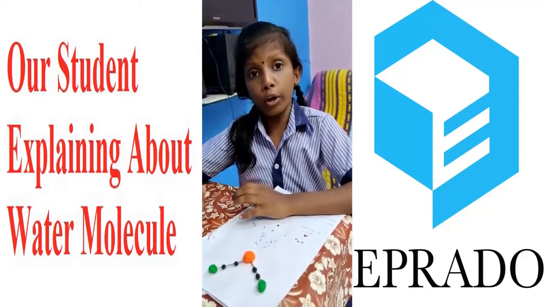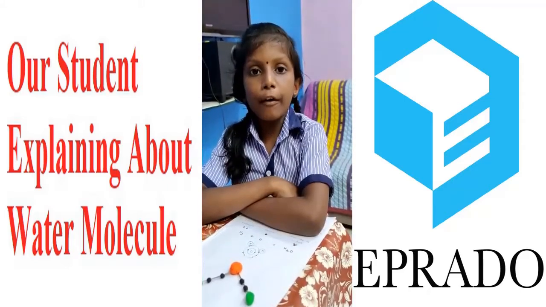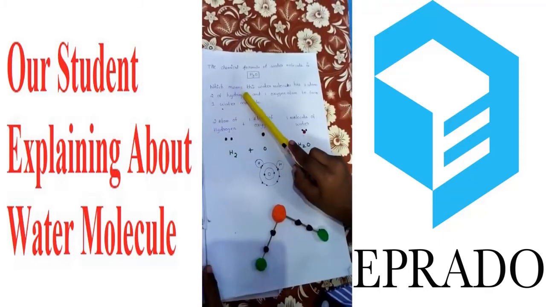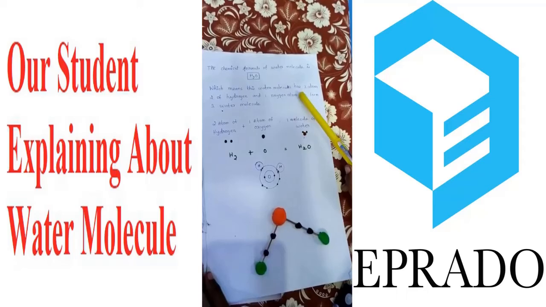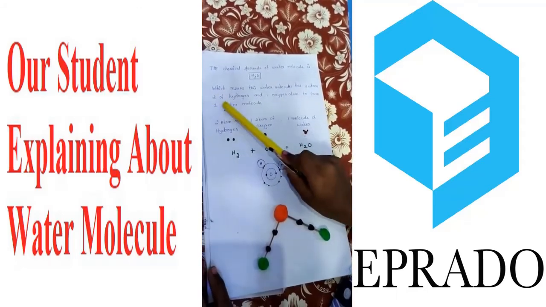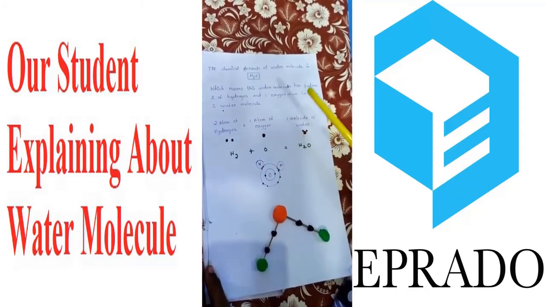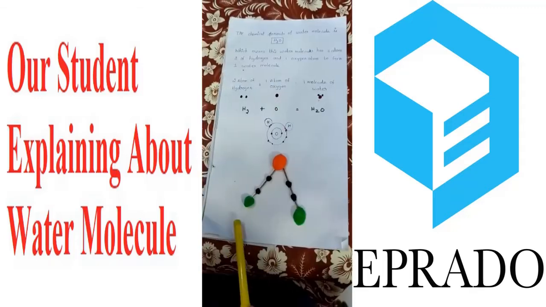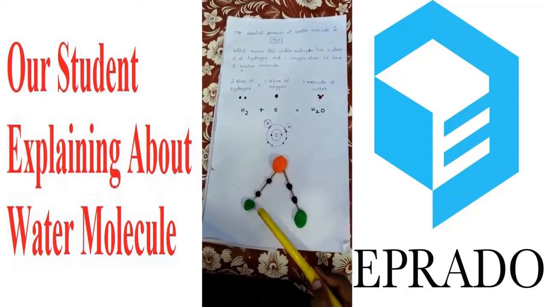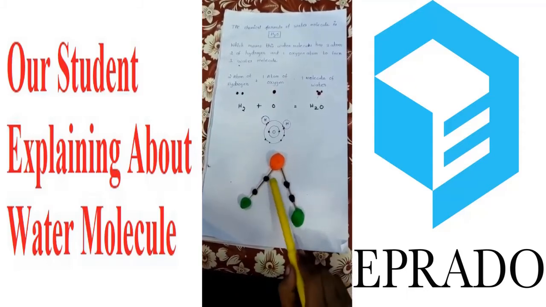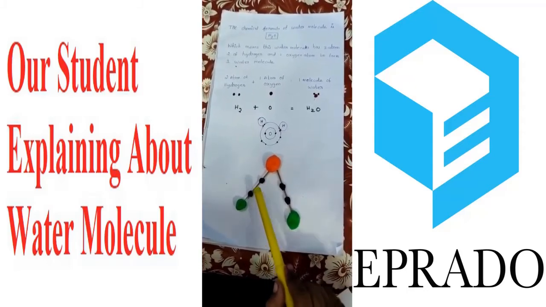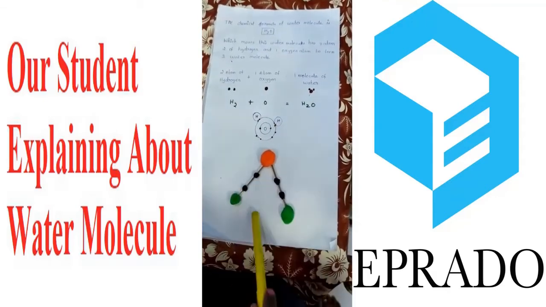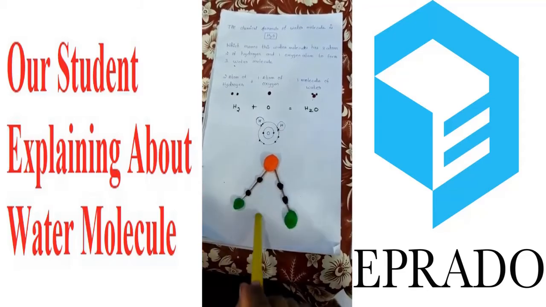The chemical formula of water molecule is H2O, which means this water molecule has 3 atoms, 2 of hydrogen and 1 oxygen atom to form one water molecule. 2 hydrogen atoms each share their 1 electron with the oxygen to form a water molecule. This is the atomic structure of water molecule.